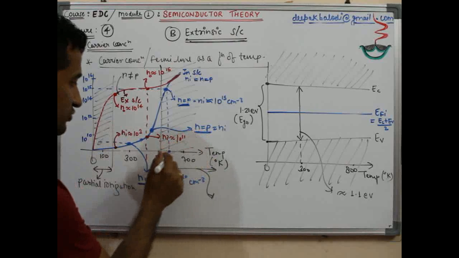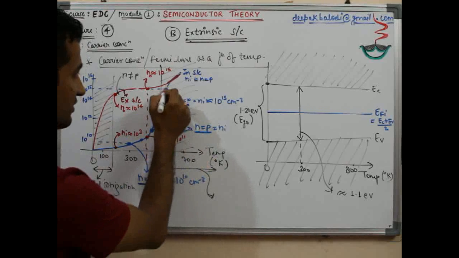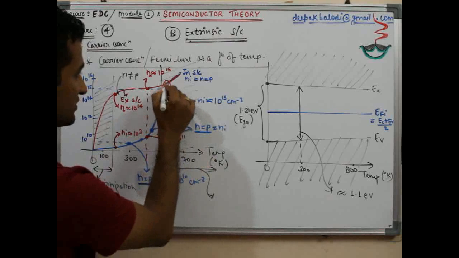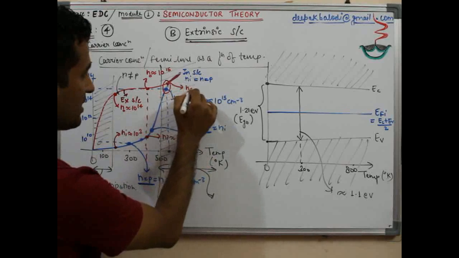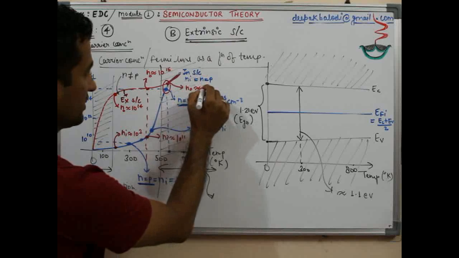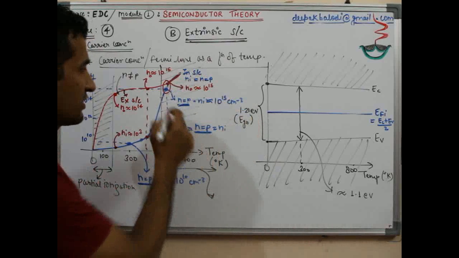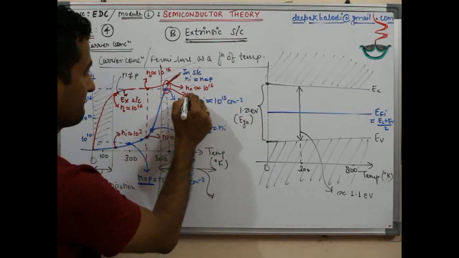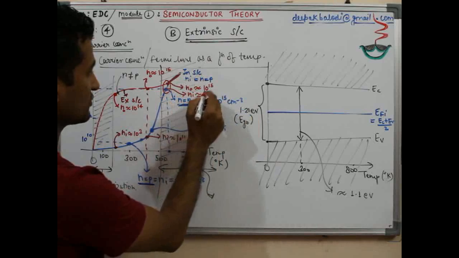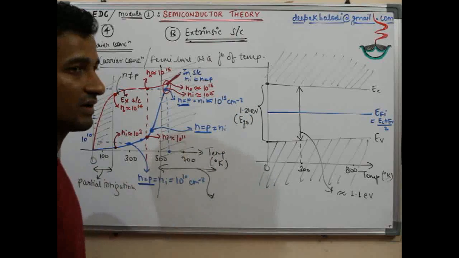But as soon as we come around 600 Kelvin, n naught is approximately 10 to the power 15 only, a little bit more than that, and ni is also 10 to the power 15.